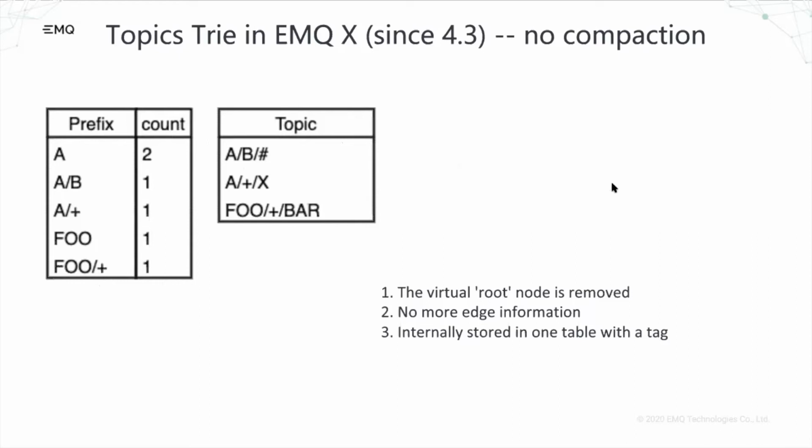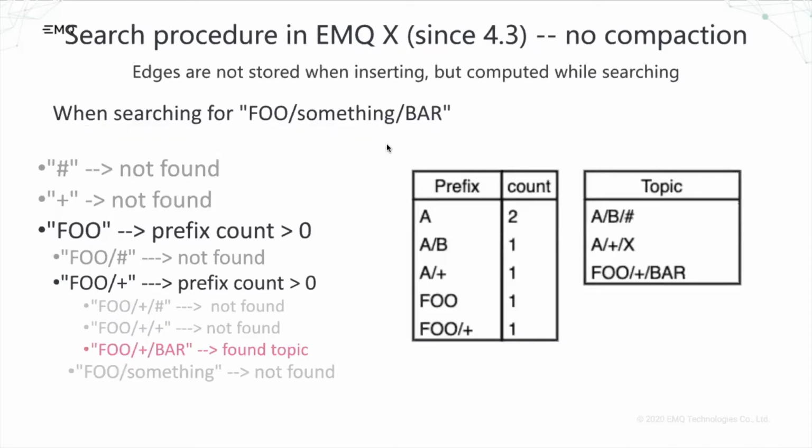Then the question becomes, how can we search such tables with the same input? So foo something bar, it tries to look up hash, not found, plus, not found. Then it tries to look up foo as a key to find out that there is a prefix having counter greater than 0.